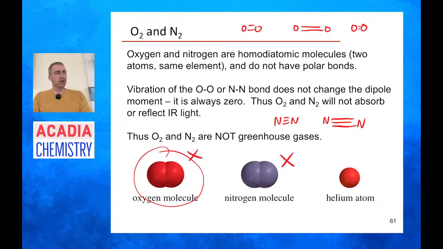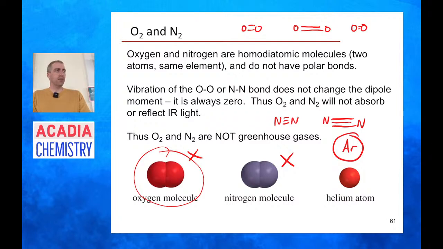Nitrogen is not a greenhouse gas for the exact same reason as oxygen, which is great because these are the number 1 and number 2 most abundant gases in our atmosphere. Number 3, if you remember, is argon. Argon is like helium, single atoms. It has no bonds at all. So these things can't even vibrate.